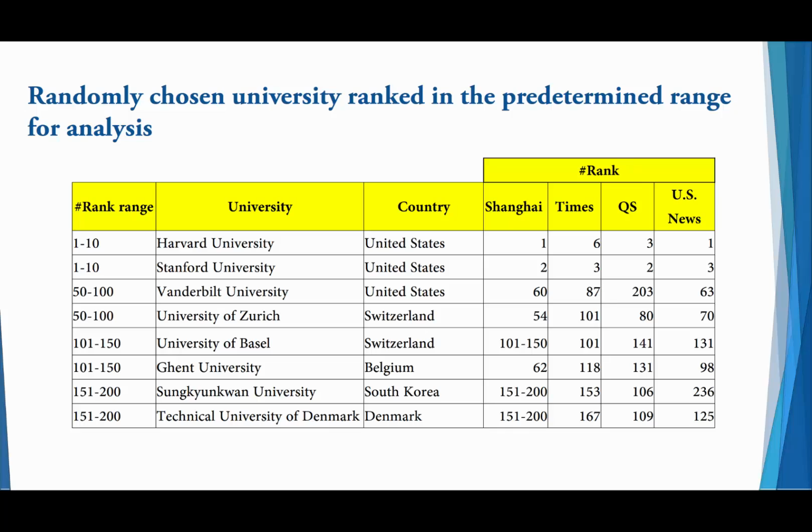And University of Basel and Ghent universities were selected from the top 101 to 150 global ranked universities. And you see the other universities that are selected from 151 to 200 universities, Technical University of Denmark and Sungkyunkwan University from South Korea.